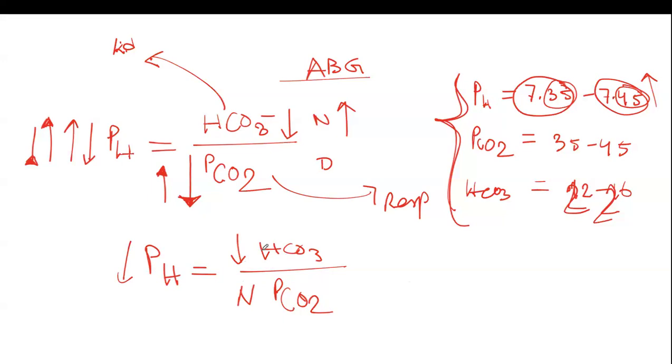Because bicarbonate is low, the numerator is low, so pH is low, so this is definitely causing the problem. If pH is low, it means it is acidosis, and if bicarbonate is the main culprit, then it is metabolic acidosis. There is no compensation here, which is why the PCO2 is normal. The compensation part is the main complicated one in the exam.